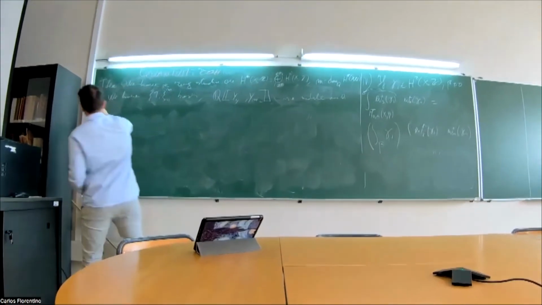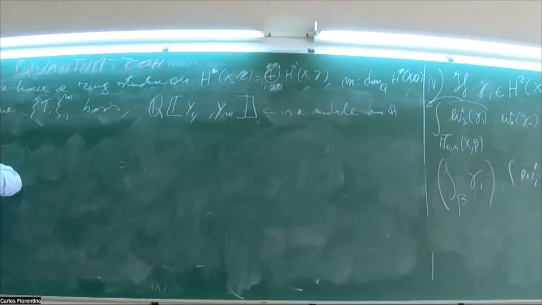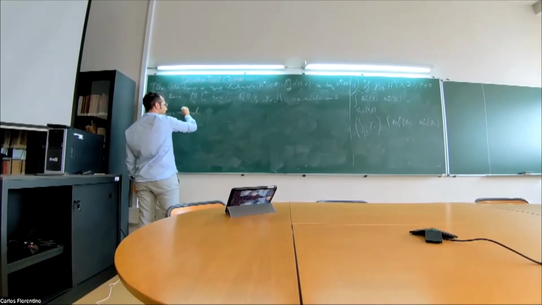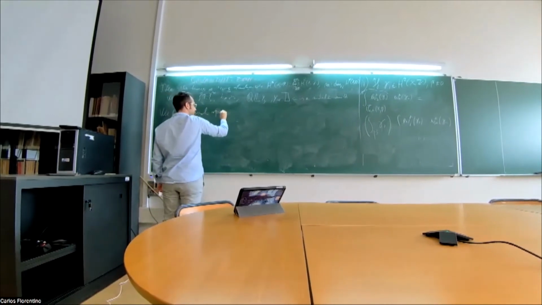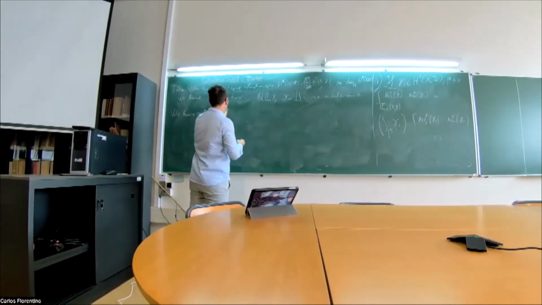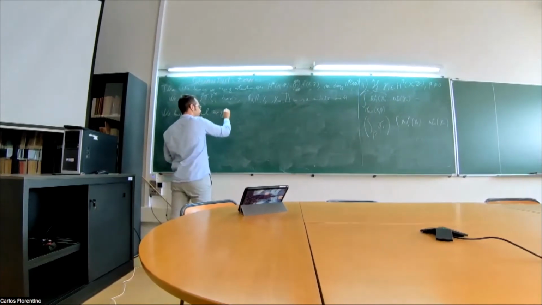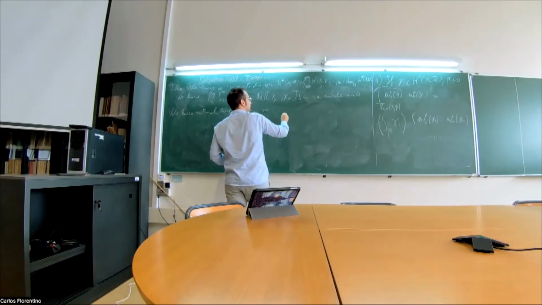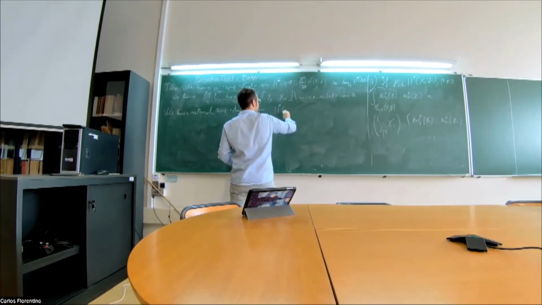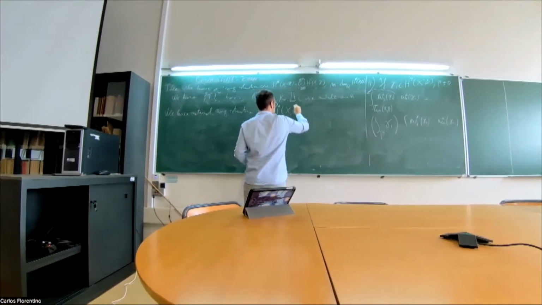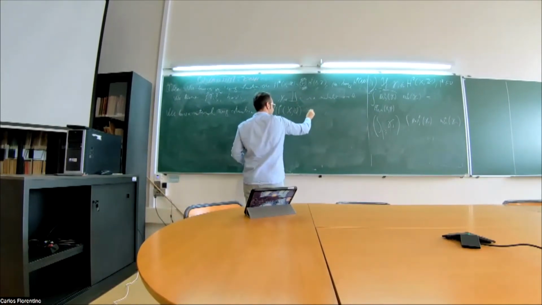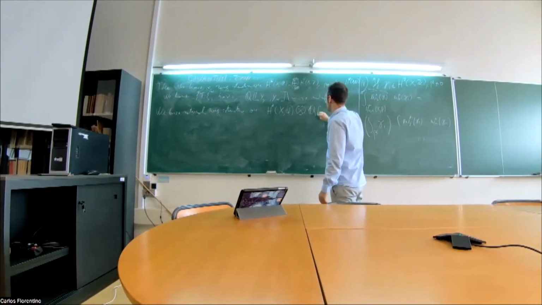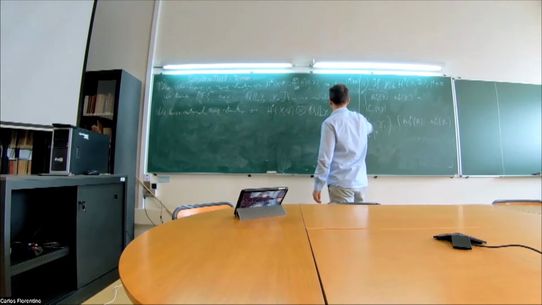Then we have a natural ring structure on H star of X tensor with Q and the formal variables.